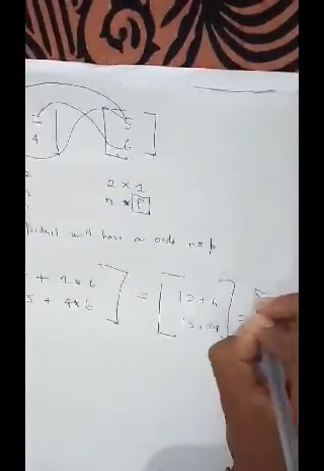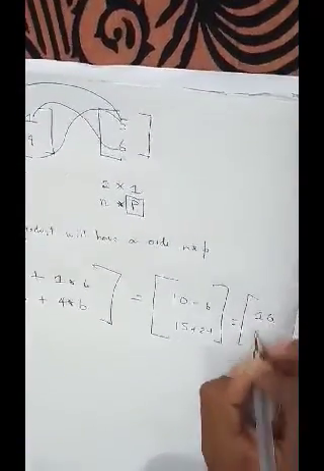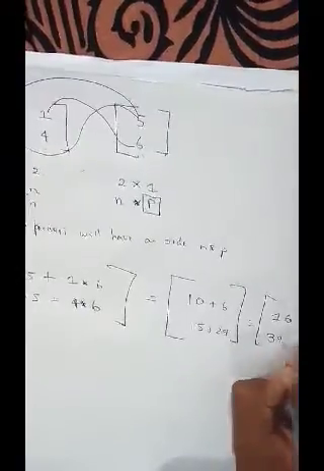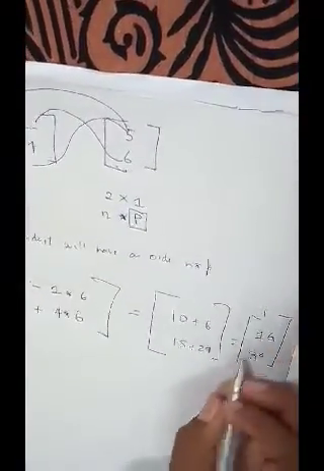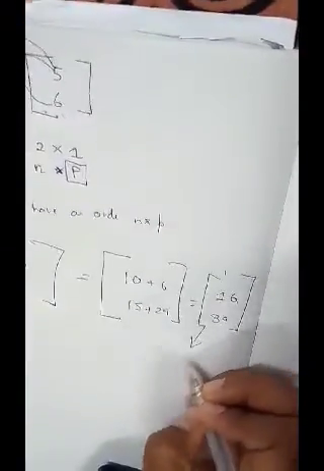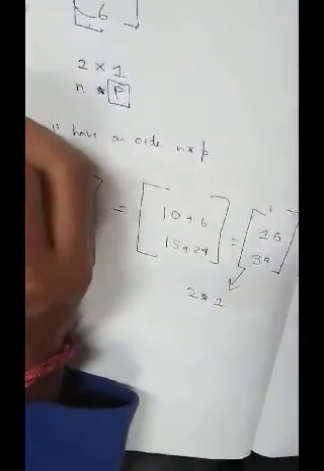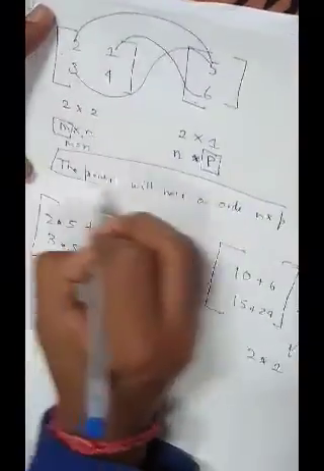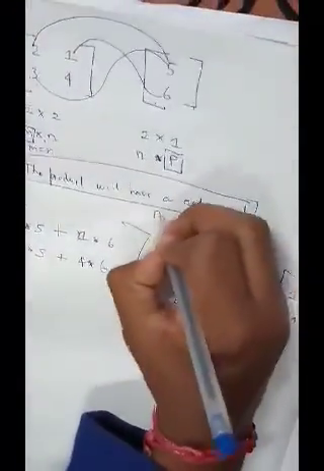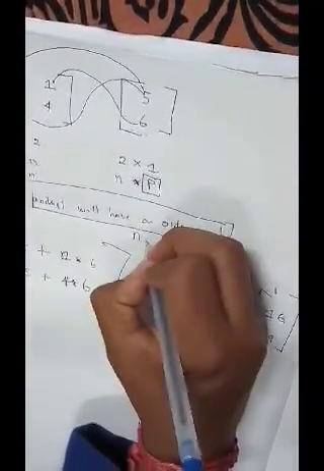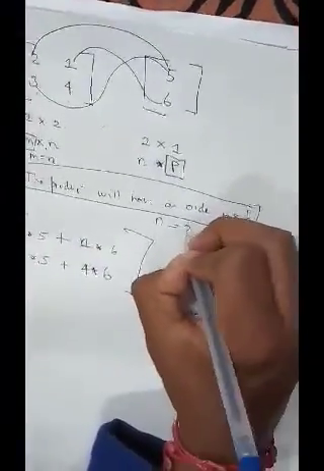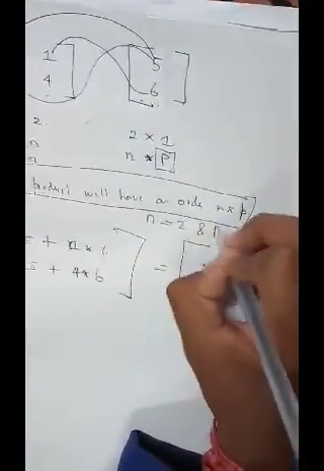So the final product would be 16, 39. So finally we get a matrix of order 2 into 1. And we had already discussed before that the product will have an order of n into p, where n was equal to 2 and p was equal to 1.